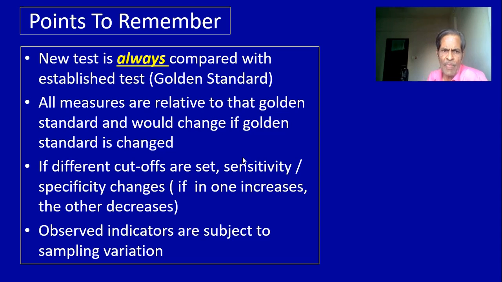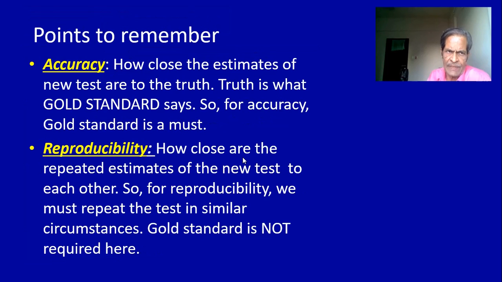So we must calculate the 95% confidence intervals for the indicators. The indicators which we calculate are called point estimates of the sensitivity, specificity, and the predictive power of the positive and negative test, and we must calculate the 95% confidence intervals for the point estimates that we have calculated.